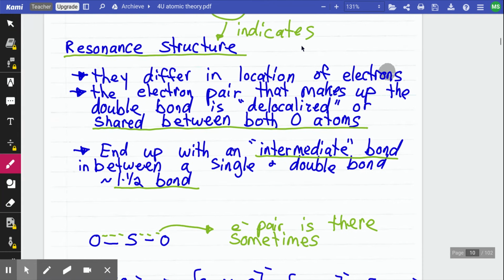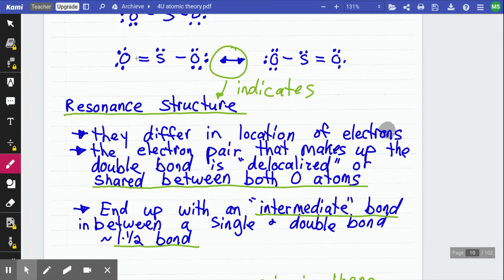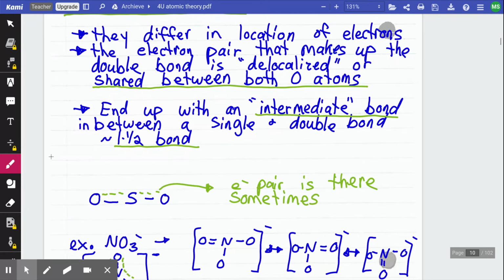So because these electrons are sometimes in either location, we draw a dashed line to indicate that the electron pair is there sometimes. So that's a really easy example of a resonance structure, when it's just resonating or being shared between 2 different atoms.